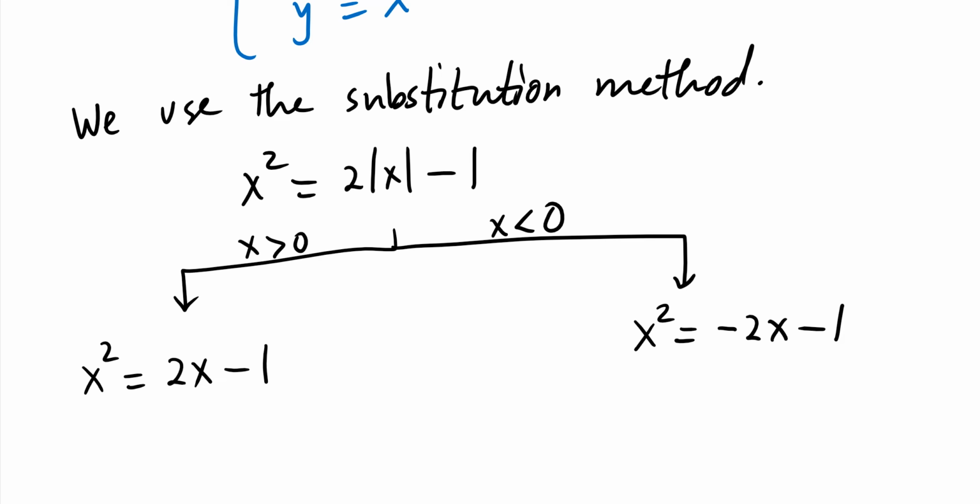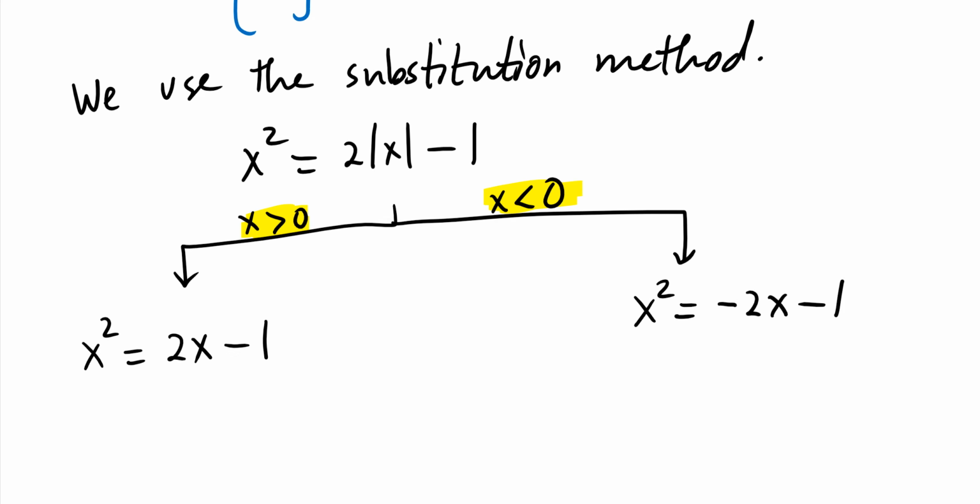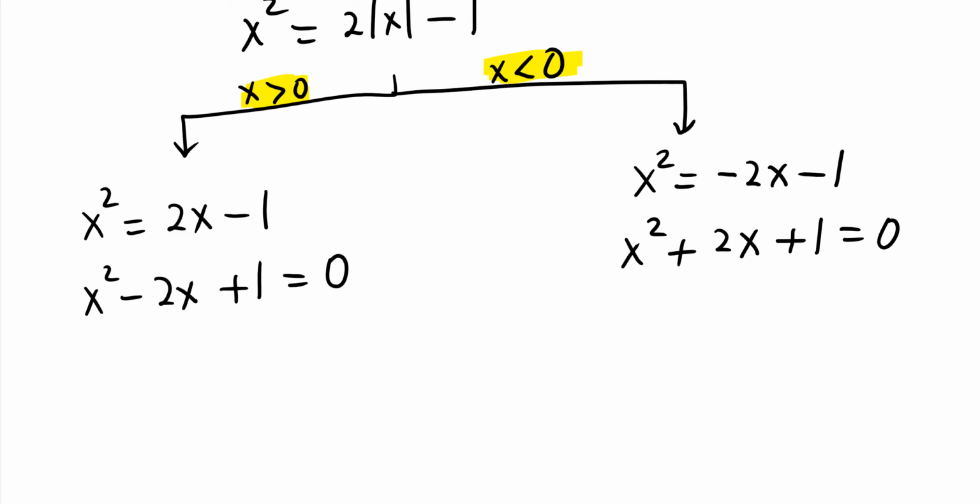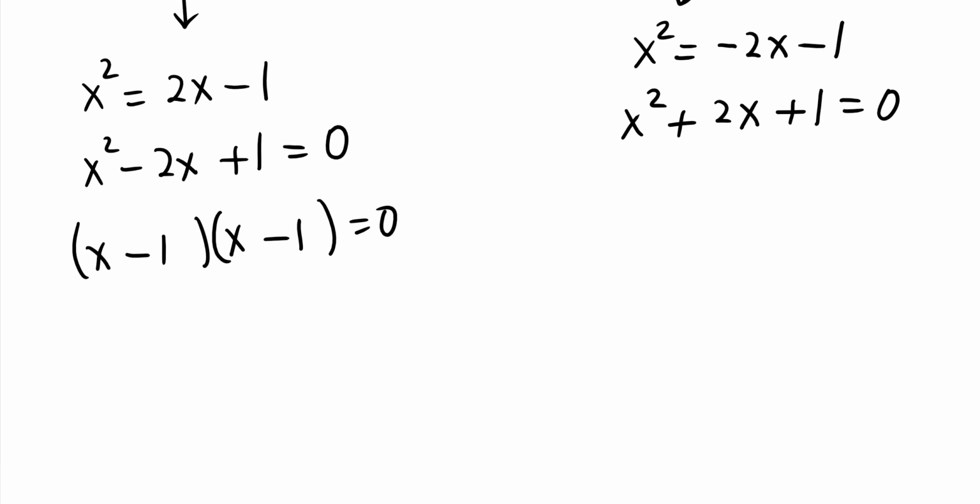So again, keep an eye on these two conditions here. Let's see what we get. It's a quadratic, so I'm going to subtract 2x on both sides and add 1 to both sides. Quadratic again, add 2x on both sides, add 1 on both sides. Here I'm going to factor. Let's see what we get. X minus 1 will do it. Here we factor.